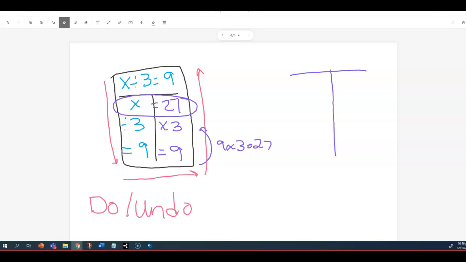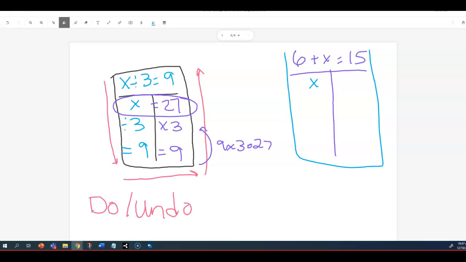I'm going to do another one real quick with subtraction. 6 plus x equals 15. I would start the same way, with my variable x. What did they do to x?